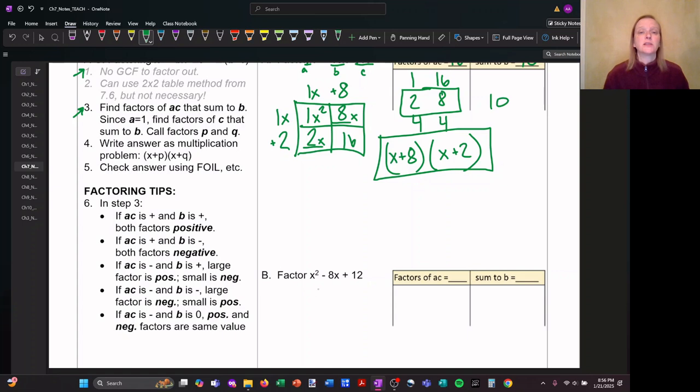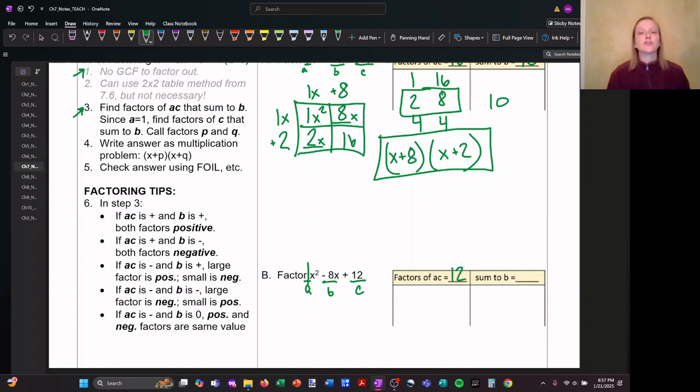So let's look at this example here of x squared minus 8x plus 12. Again, there's no greatest common factor to think about. We're just focusing on what A is, what B is, and what C is. And A times C is 1 times 12, which is 12.